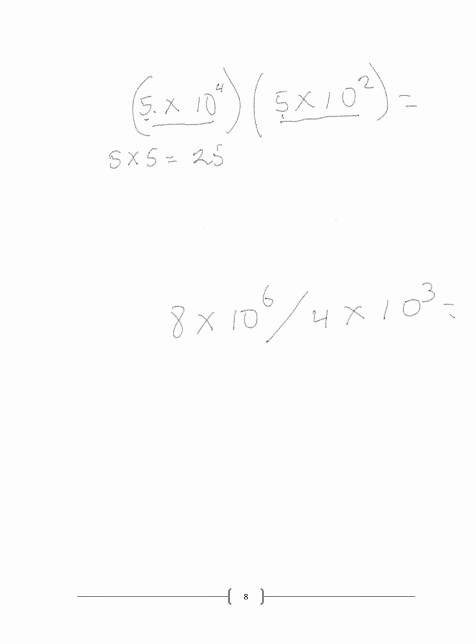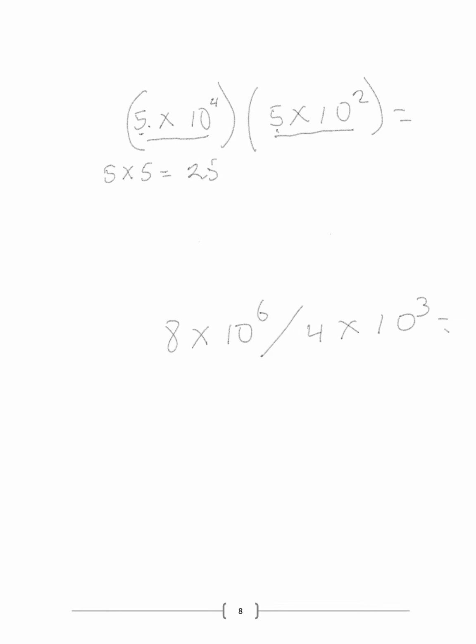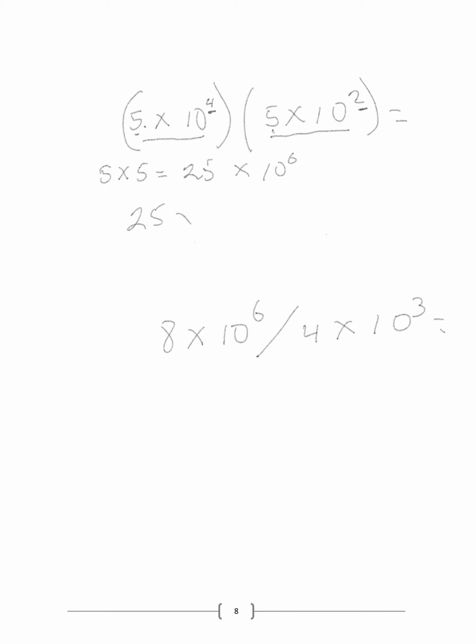Then I'm going to take the exponents, the 4 and the 2, and add those together. 4 plus 2 is 6. So now I have 25 times 10 to the 6th.